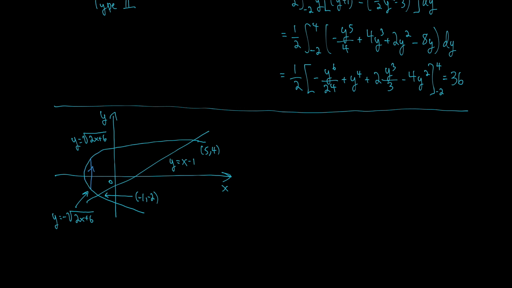But then notice that after this point of intersection over here, it switches. Now the bottom is no longer y equals negative square root of 2x plus 6. Now the bottom is this line, all the way up until you get to the end at x equals 5. So that means I would have to do another integral.